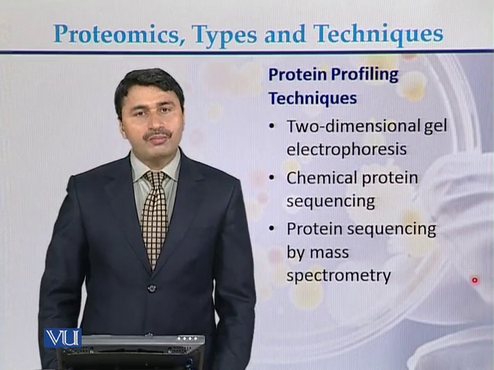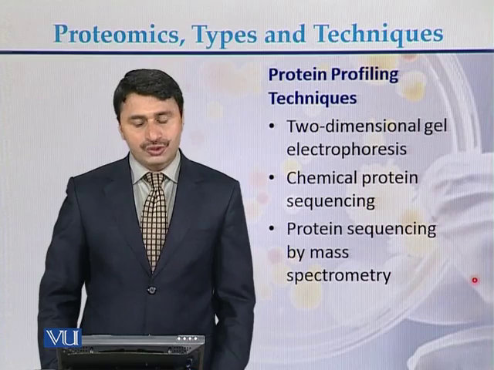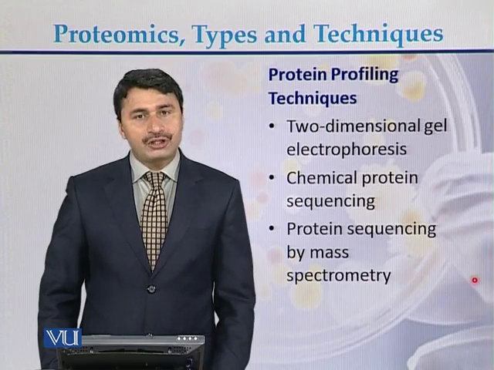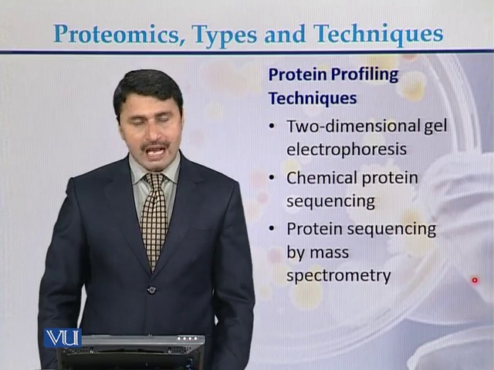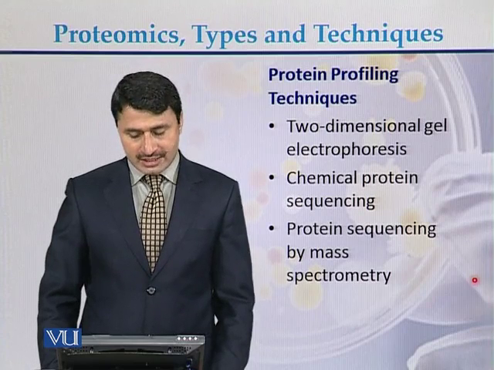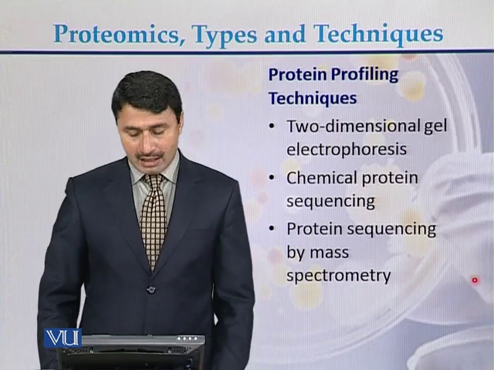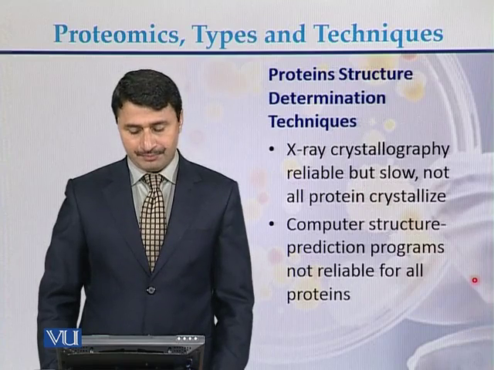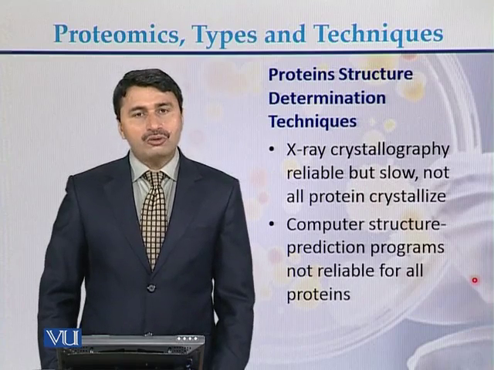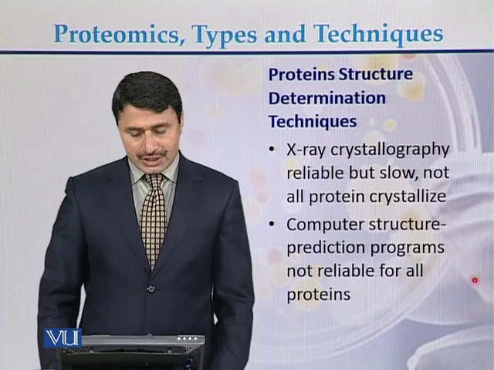How to do protein profiling? There are different techniques which are used to do protein profiling. Protein profiling can be performed by two-dimensional gel electrophoresis, by chemical protein sequencing, and by protein sequencing using mass spectrometry. How to determine protein structures?